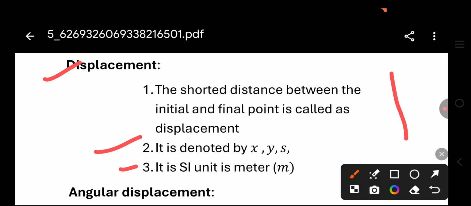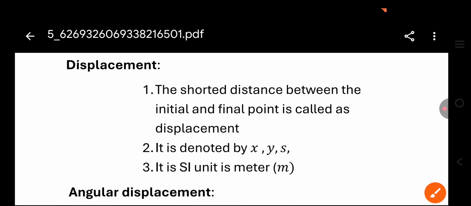This is the y-axis and x-axis. Then point A and the origin O. The distance between point A and origin O is the shortest distance. This shortest distance between the initial and final point is called displacement.